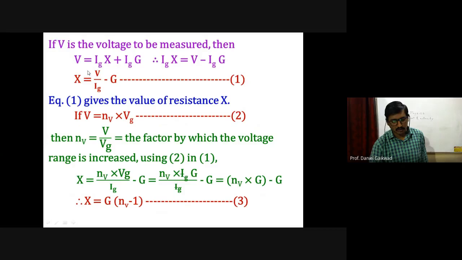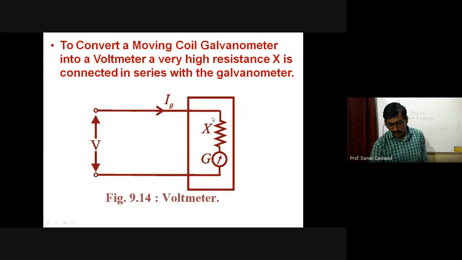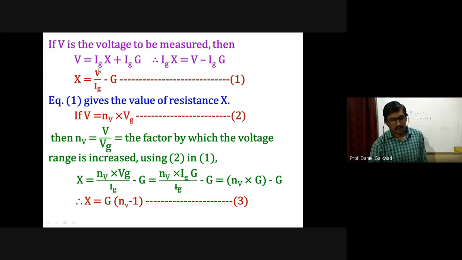So total potential V is equal to potential across X as well as potential across G, as these are in series. So total potential will be V is equal to Ig into X plus Ig into G.